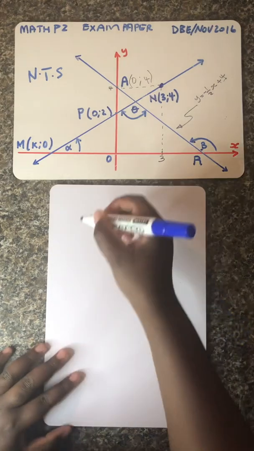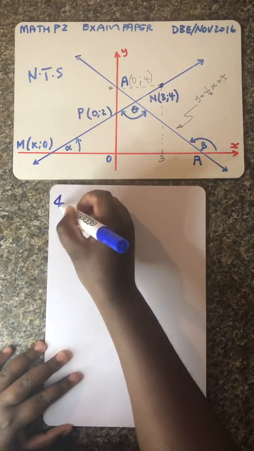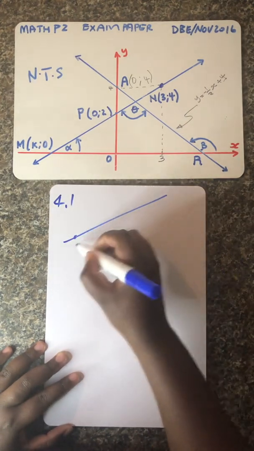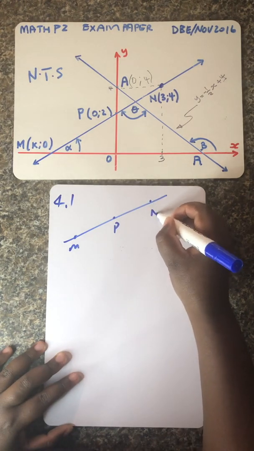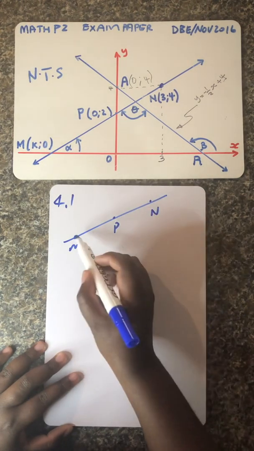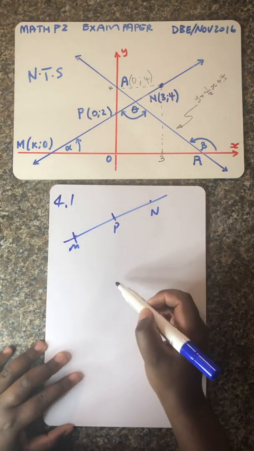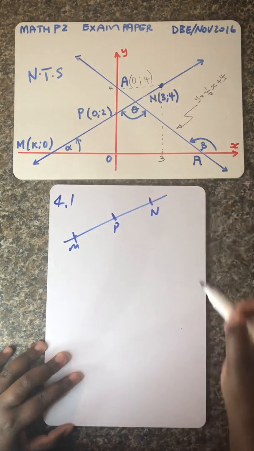So guys, for collinear points, if we've got, let me just say 4.1, if we've got a line, let's say this is M, this is P, and this is N. Okay, so that means the gradient of MP is equal to the gradient of PN.